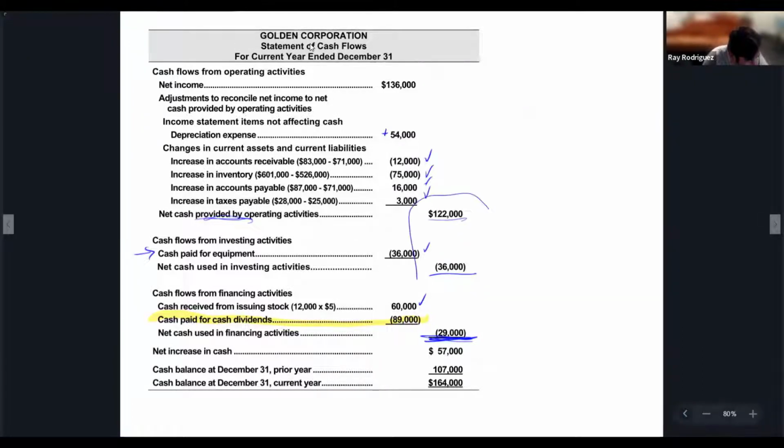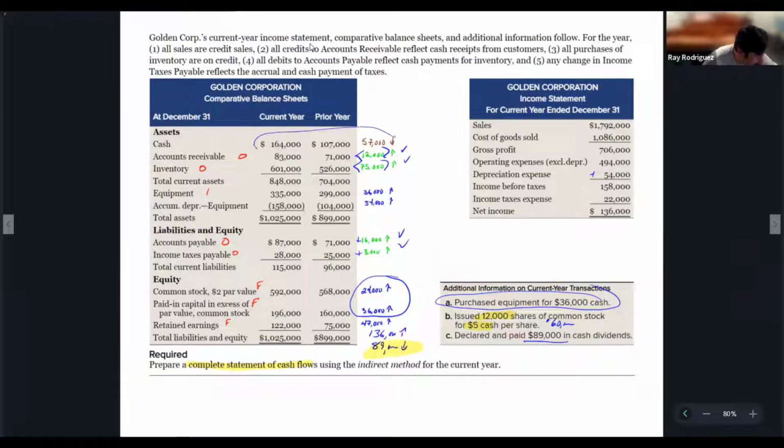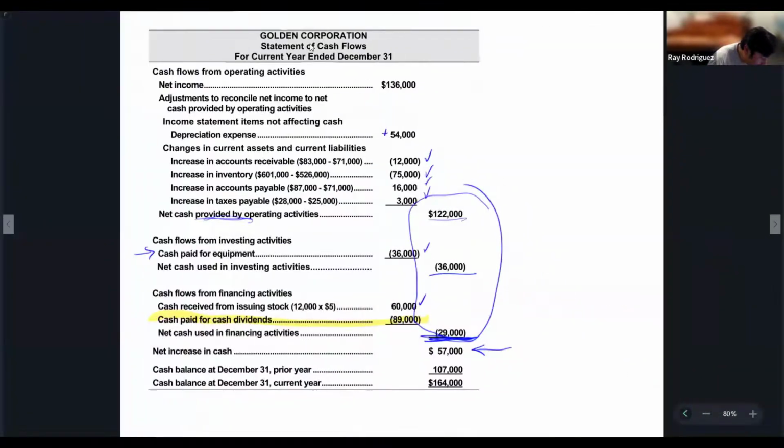And then we pull all three numbers together. 122 up, 36 down, and 29 down. $57,000 net cash increase. And then we compare that to our income statement, and yep, that's what we show. 57,000 net cash. Ooh, decrease or increase?